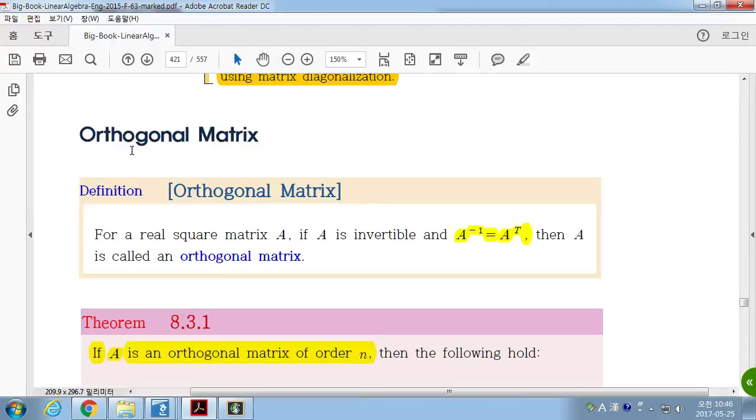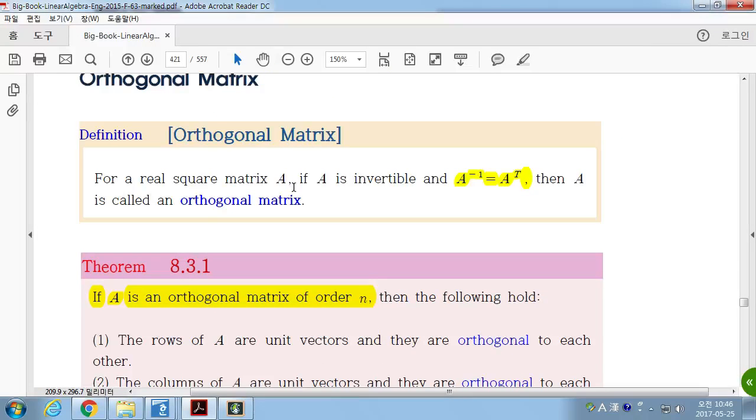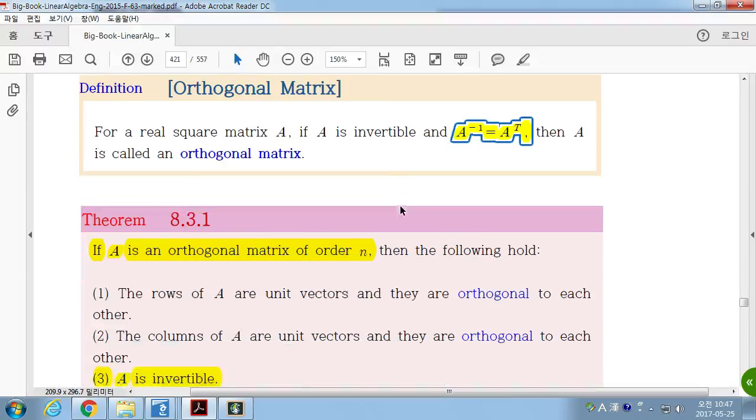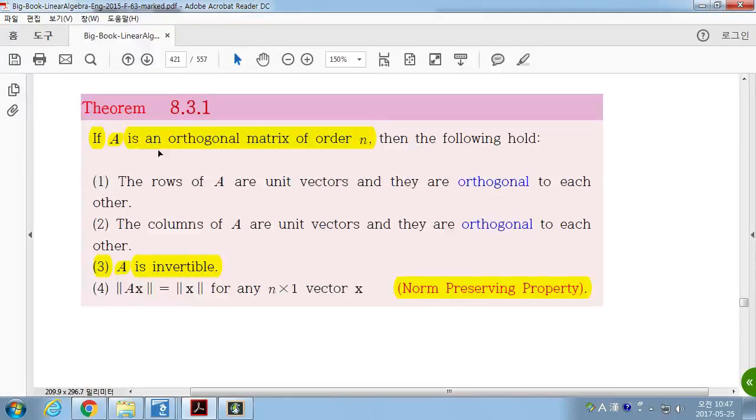Here, we start with the orthogonal matrix. If an invertible matrix A satisfies A inverse is equal to A transpose, then we call A an orthogonal matrix. If A is an orthogonal matrix of order n, then the rows of A are orthonormal vectors, and the columns of A are also orthonormal vectors.